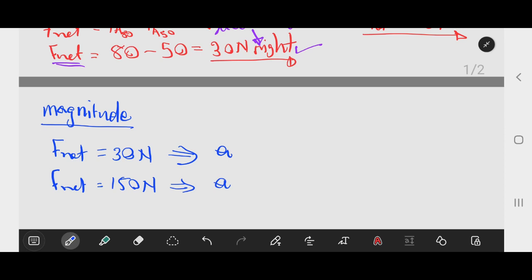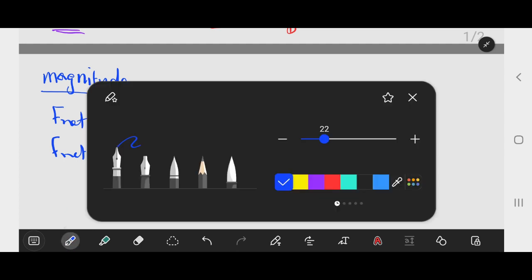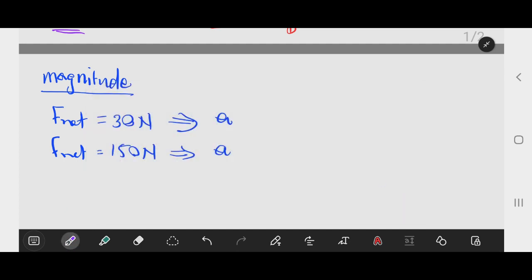But the question is, will the acceleration due to the 30 newtons be the same as the acceleration due to the 150 newtons? The answer is no. The magnitude of the acceleration would be different. Okay, so which one is greater and which one is smaller? Looking at the two values, you have a net force of 30 newtons, right?